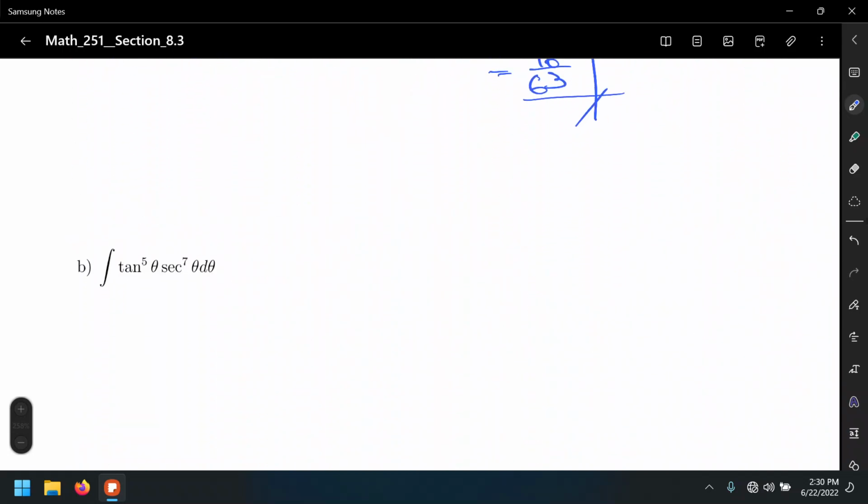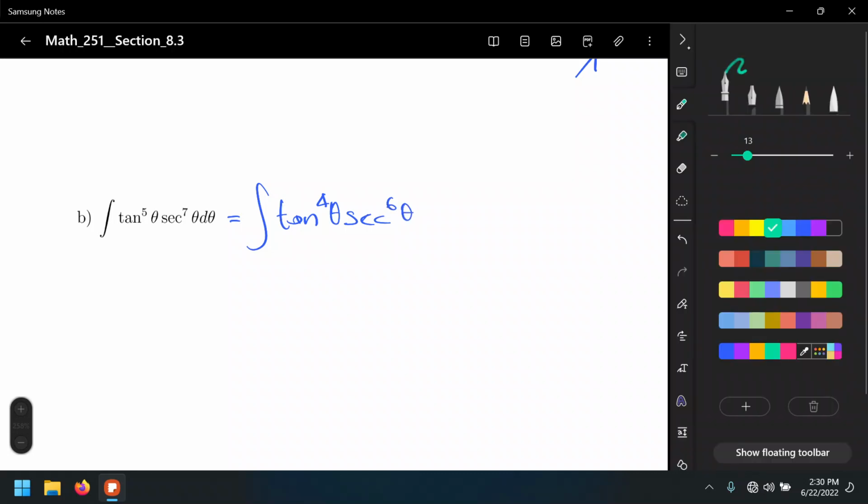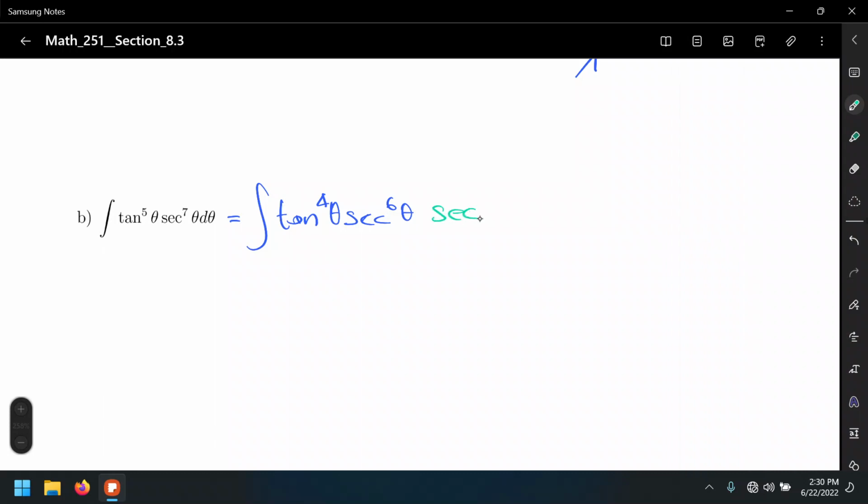So what we're going to do is rewrite this integral of tangent to the 4th, secant to the 6th, and secant tangent. That's the du part of the problem.